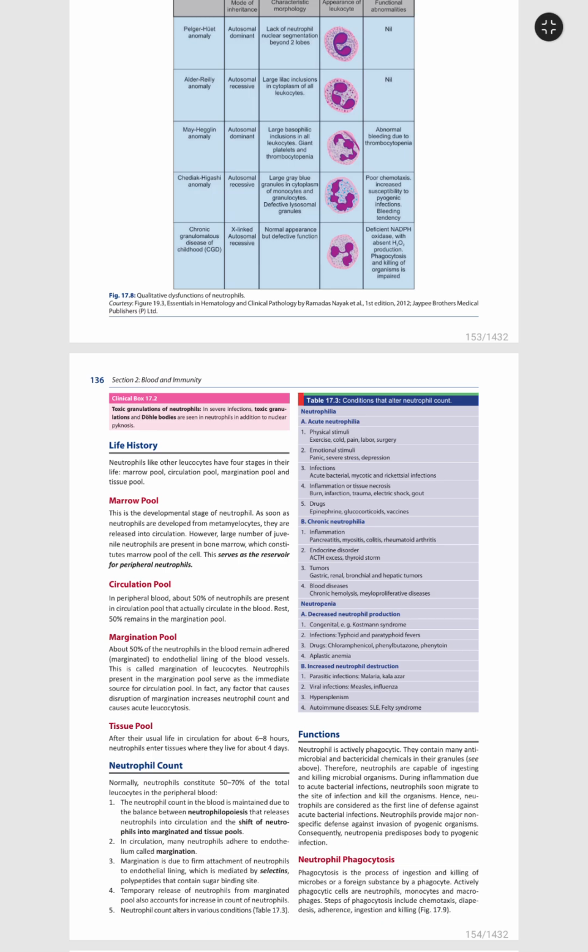Physiological can also consist of exercise, cold, surgery, pain, labor.